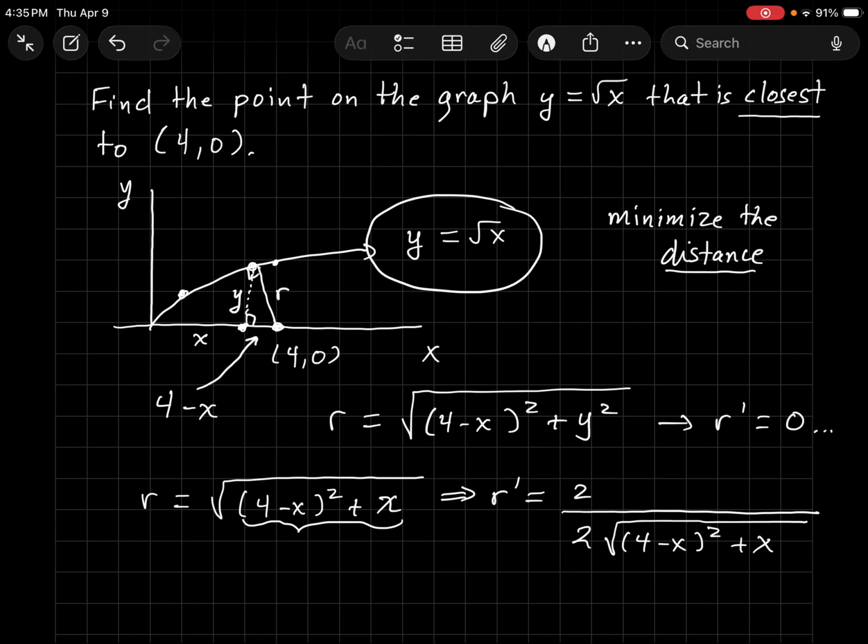So I have 2 times (4 minus x) times the chain rule of negative 1, plus 1. So where does this equal 0, or where is this undefined? Well, r prime is undefined when the denominator is 0. Convince yourself that's never going to be 0.